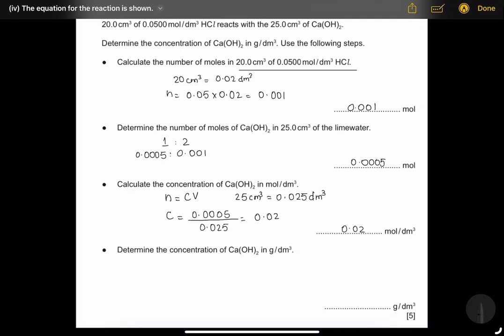Now we have to determine the concentration of Ca(OH)2 in gram per dm cube. So for that, we will be multiplying this value by the Mr of Ca(OH)2. So first we have to calculate the Mr of Ca(OH)2.